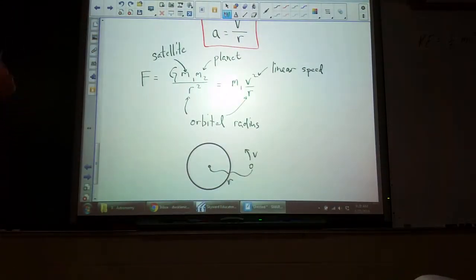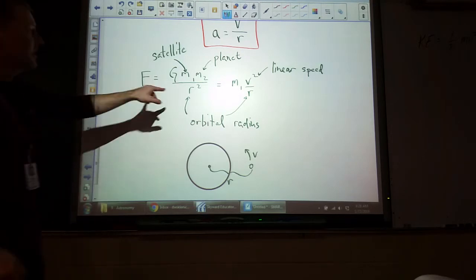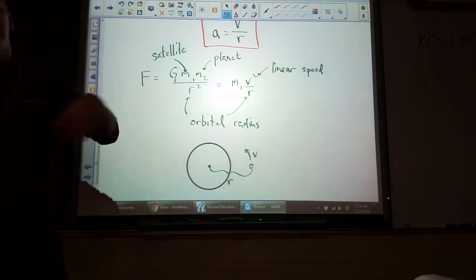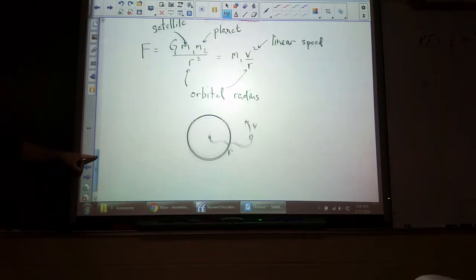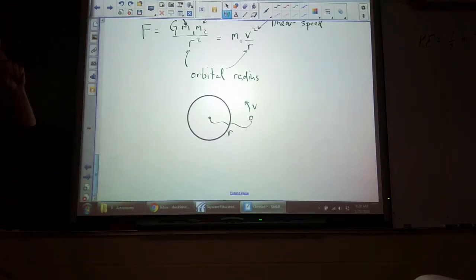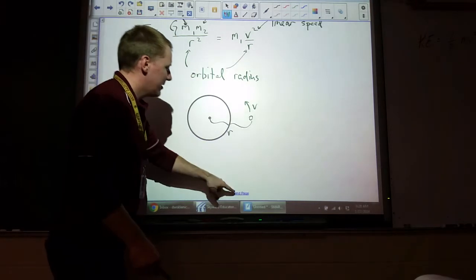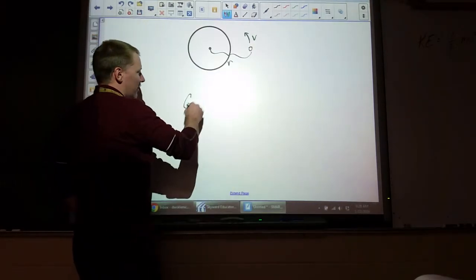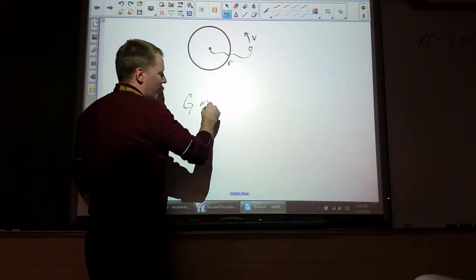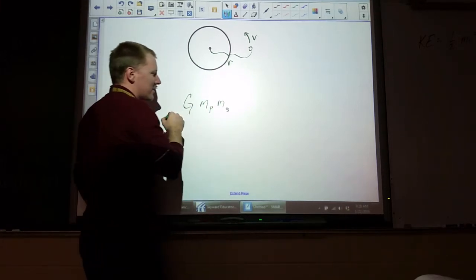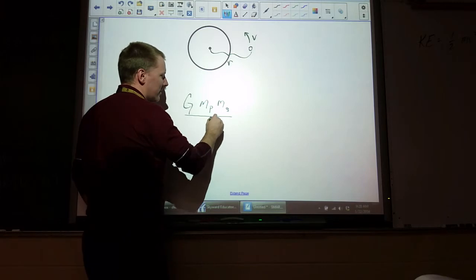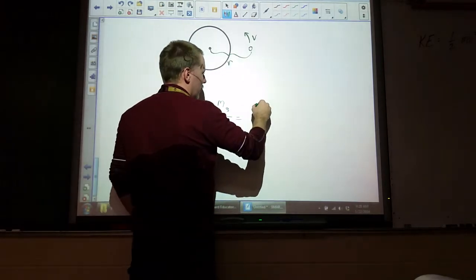Briefly, I do want to talk about one important part using this, which is how long does it take things to orbit? So it depends on the radius, as we saw, but I'm going to rewrite this and do a little bit of math with it. So m1, I'm going to say mass of the planet. m2, mass of the satellite, and r is the distance between them.